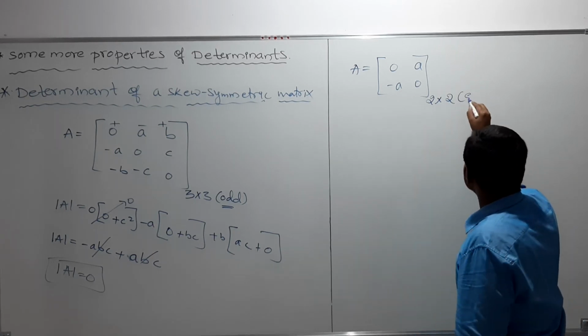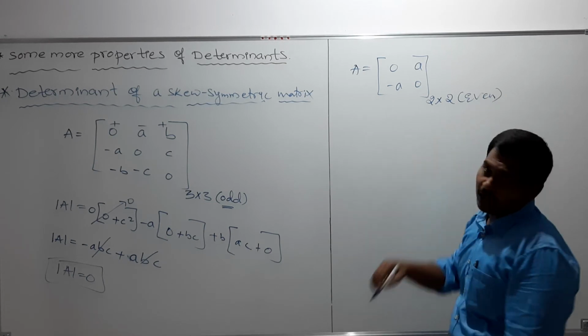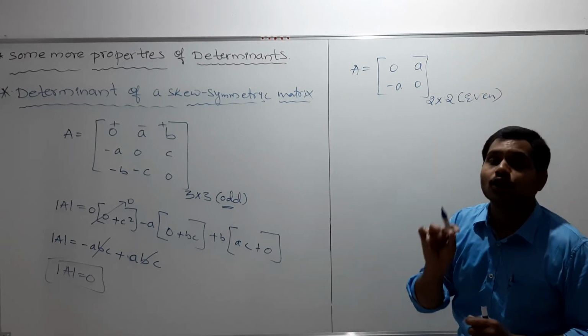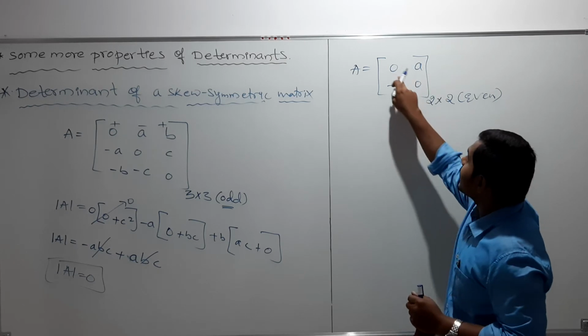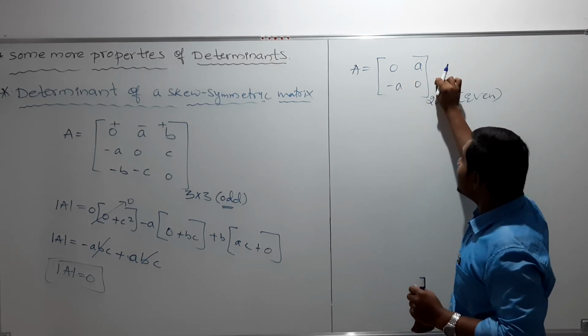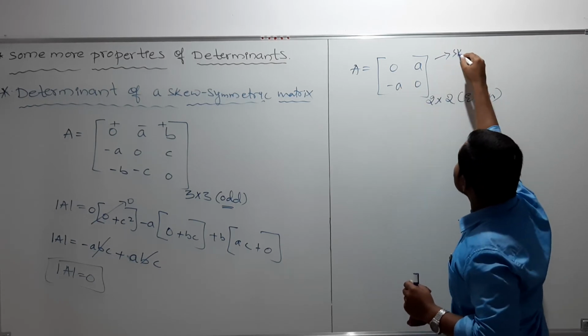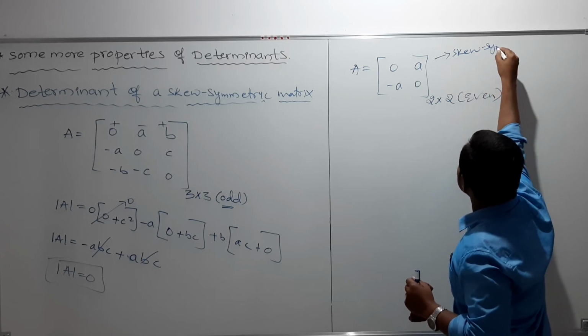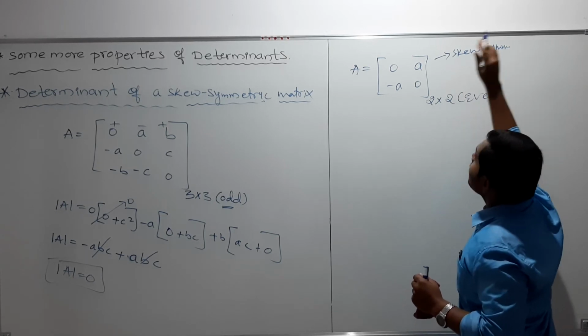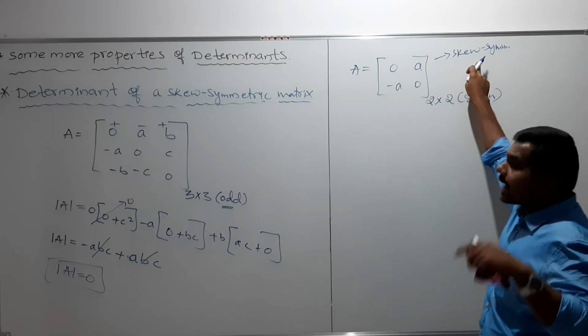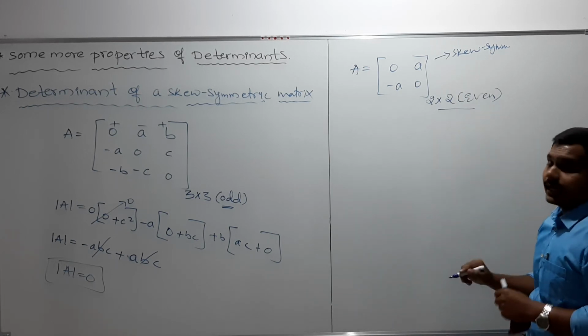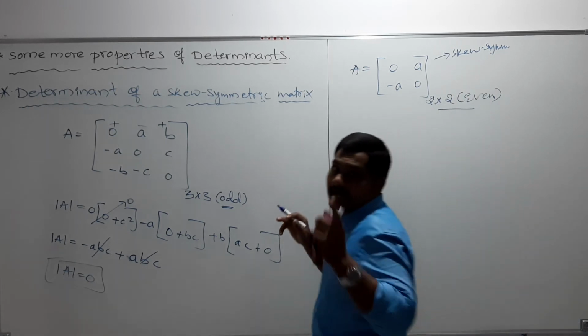Whenever all diagonal elements are 0, this is the skew symmetric matrix. This matrix is a skew symmetric matrix of even order. Then what happens? The determinant of this, that I am calculating here.